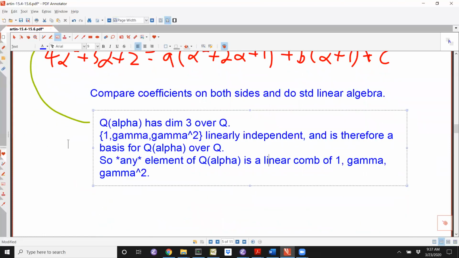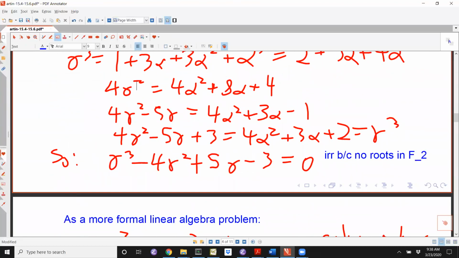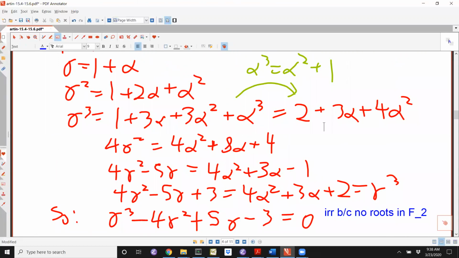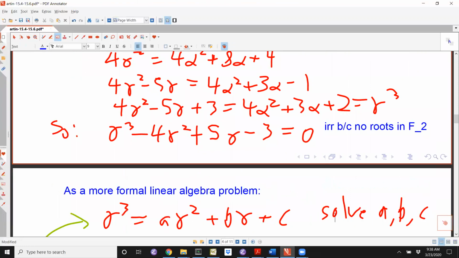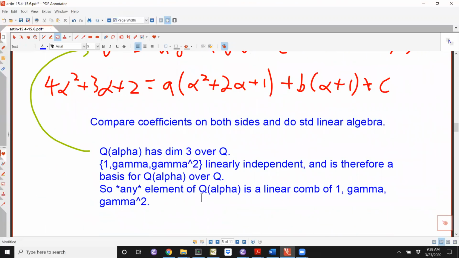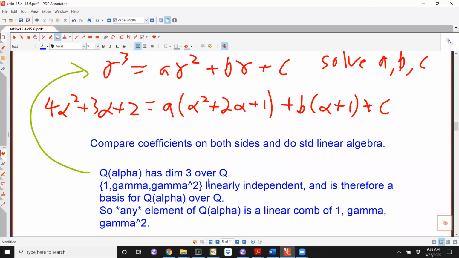The same argument that allowed me to do this computationally also shows that any linear combination of 1, alpha, and alpha squared is a linear combination of gamma squared, gamma, and 1. You can keep doing the same reduction, but it's also useful to know that abstractly. By linear algebra. Linear algebra is great stuff. Like I said, I never really appreciated it until I started teaching it. But it's good stuff, man.